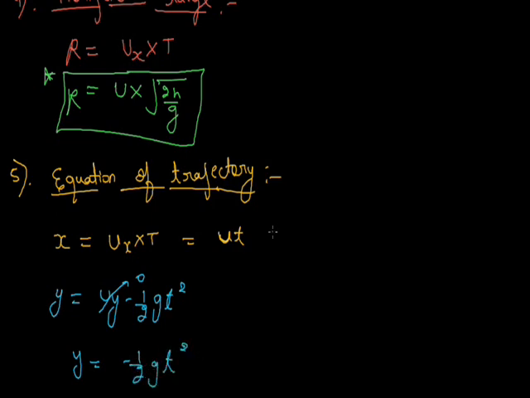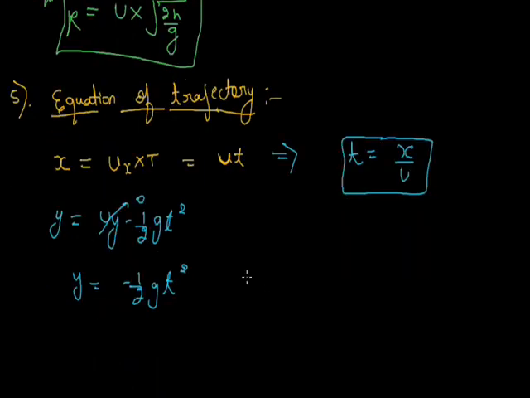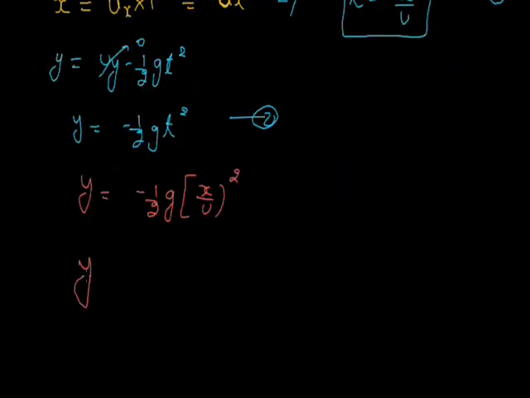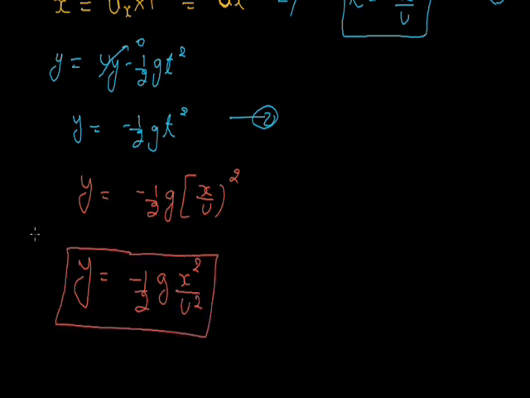Okay. Now from the first equation we find t, then t is equal to x divided by u. Put this value in the second equation. Now put the value of the first in the second, we get y is equal to minus half g, the value of t is x divided by u whole square. What does it become? y is equal to minus half g x square divided by u square. This is our equation of trajectory.